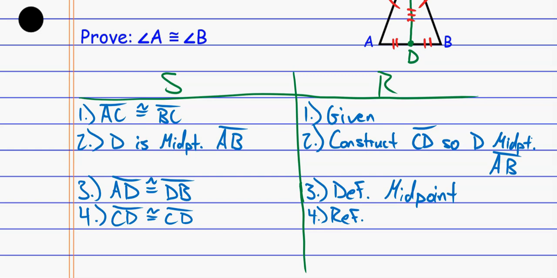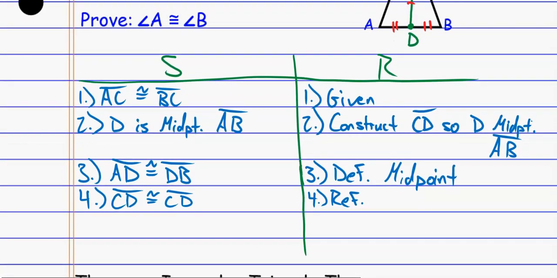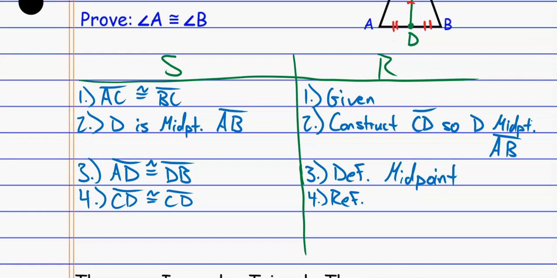And now because I have side, side, side, all three sides from one triangle congruent to all three sides from the other triangle, I can say that the two triangles are congruent. So triangle ACD was one triangle. Triangle BCD is the other triangle. And that was because of side, side, side.